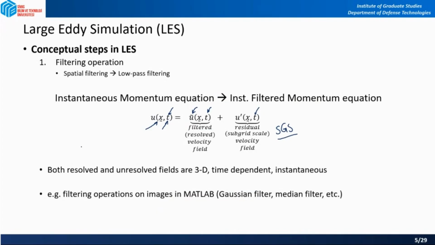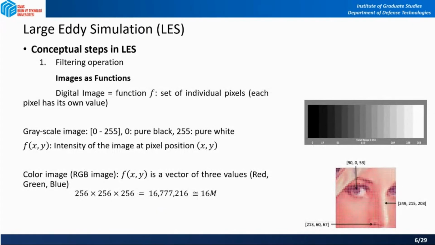So, in order to have some feeling about the filtering, I can refer you to the filtering operations on, for example, images. You probably have heard about those filtering operations in MATLAB, the Gaussian filter, median filter, etc. It's a good point that we have a look at these filtering things right now.